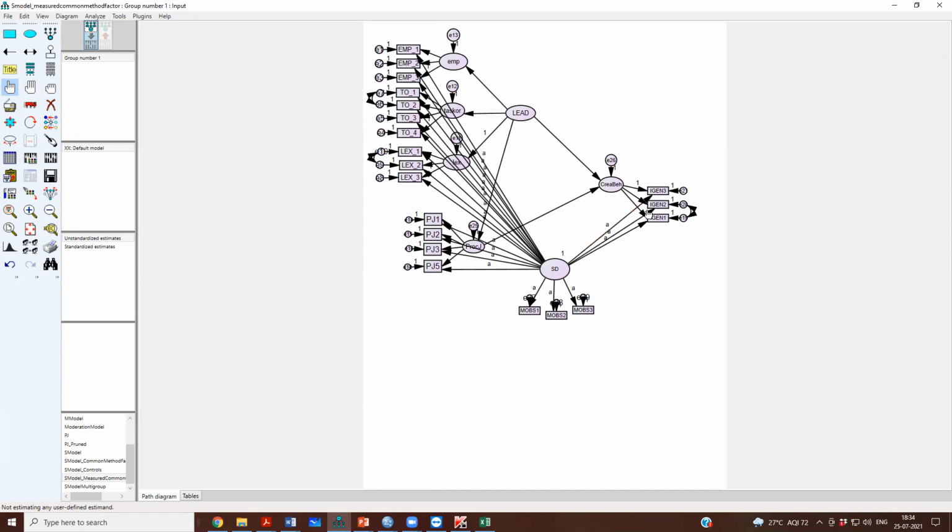Because it cannot have two sources. You are also having the loadings and then you are testing the path between these two, because then these two constructs have the common source here. So you should not model it here.